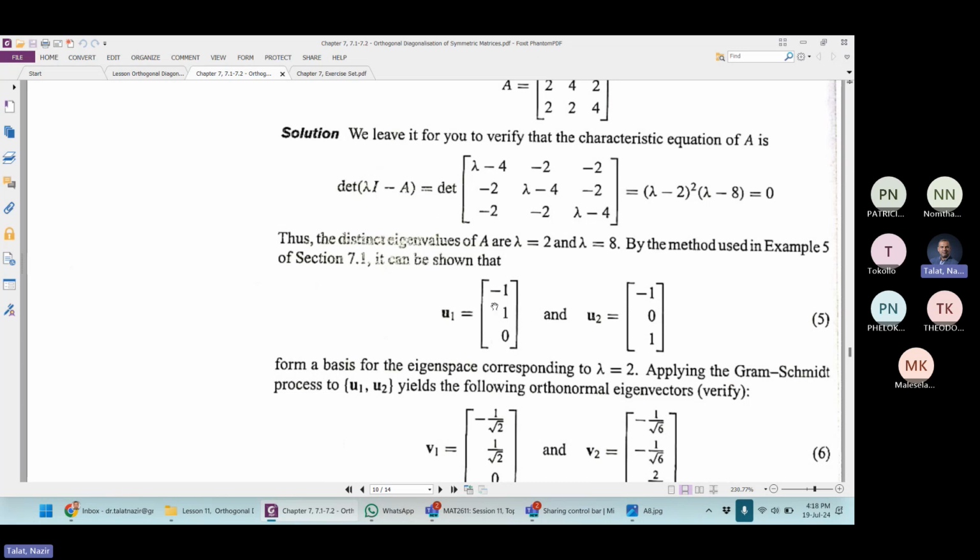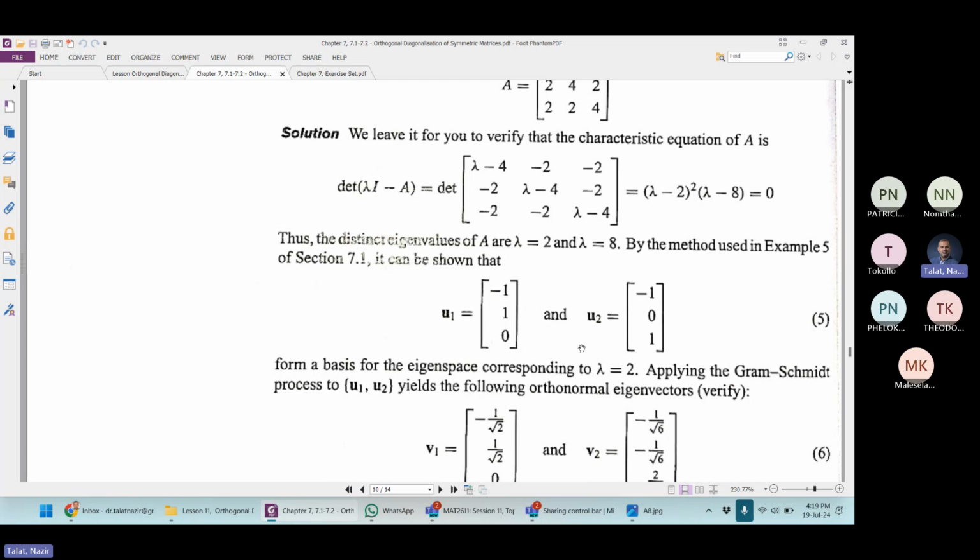You have noticed what happens when we multiply u1 with u2. We can see that u1 and u2 are not orthogonal to each other. Why? Because if you multiply, it becomes minus 1 multiplied by minus 1 is 1, plus 1 times 0 is 0, plus 0 times 1 is 1.